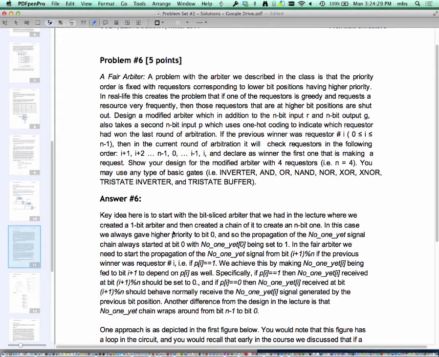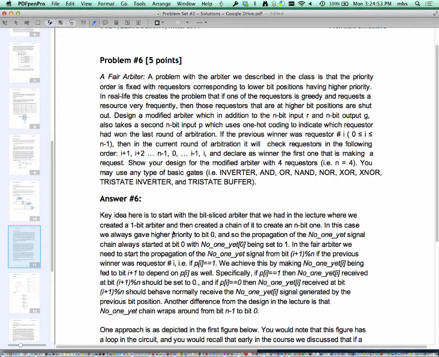It gives requester number 0 the highest priority, and then if requester 0 was not requesting, it checks for requester 1, and so on and so forth. And what the problem asks for is that now, instead of just giving you the R vector as the input, I'm also giving you an additional input P, where P of I indicates that I was the winner the previous time around.